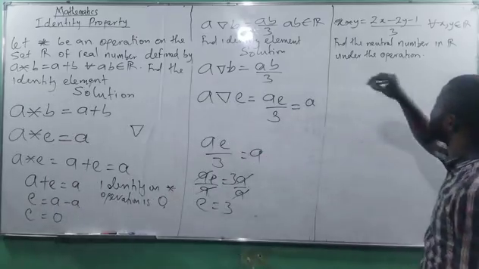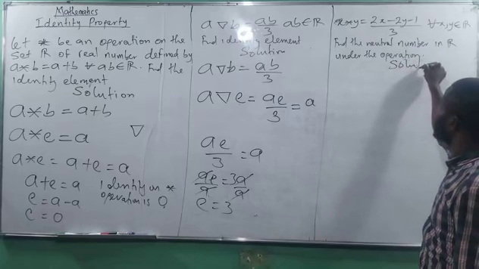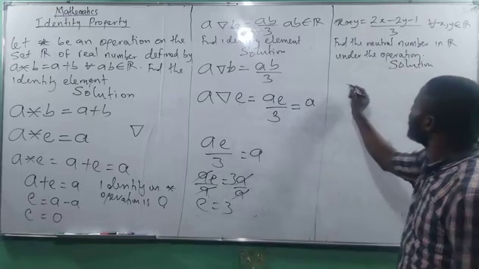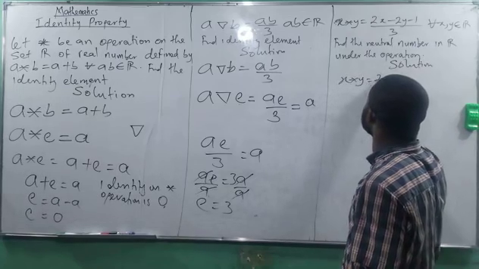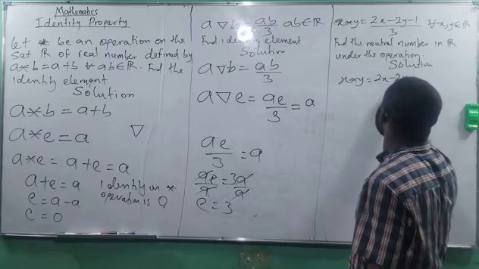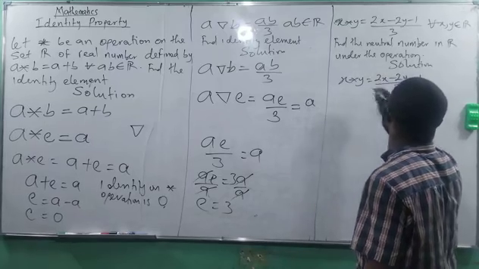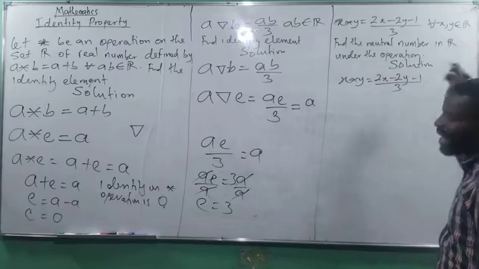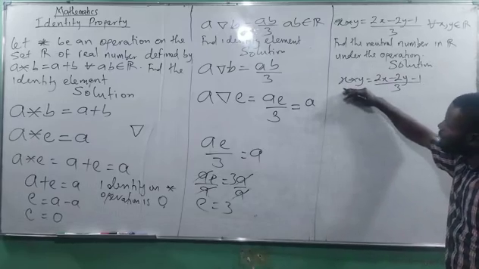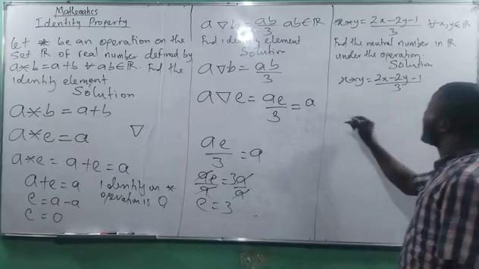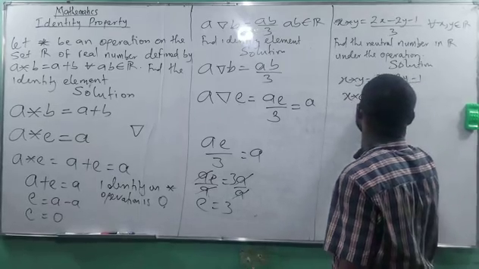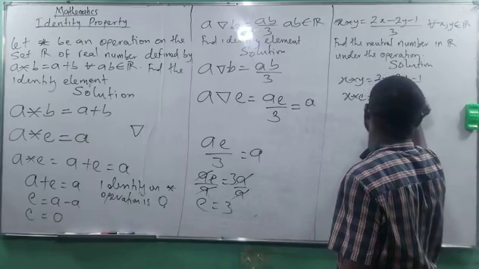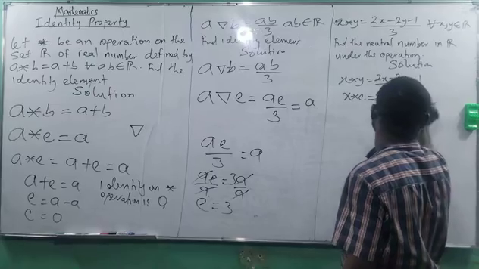Now, look at this also. This is also a very simple one, but let's see how it comes. We are being told that X operates with Y equals X plus Y minus 1 all over 3, for all X, Y belonging to R. Now, this is the definition of the operation. It means I can say that X operates with E will be equal to 2X minus 2E minus 1 all over 3.